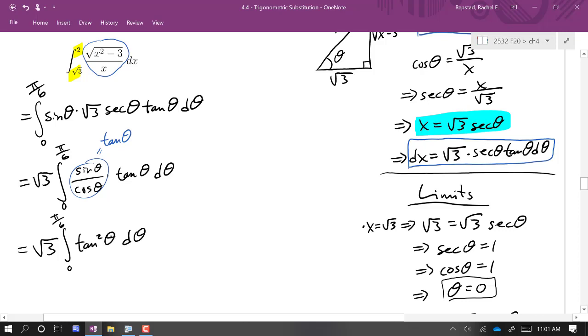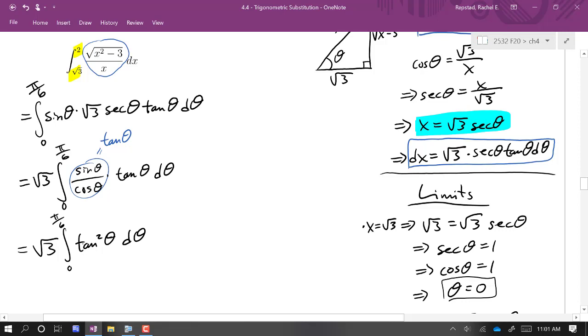Now, tan squared is not one of the simple trig integrals that we just know or have a formula for, but we have a technique for it. In the last section, we saw that when we're integrating powers of tangent, if we just have even positive powers on tangent, let's convert it to secants.